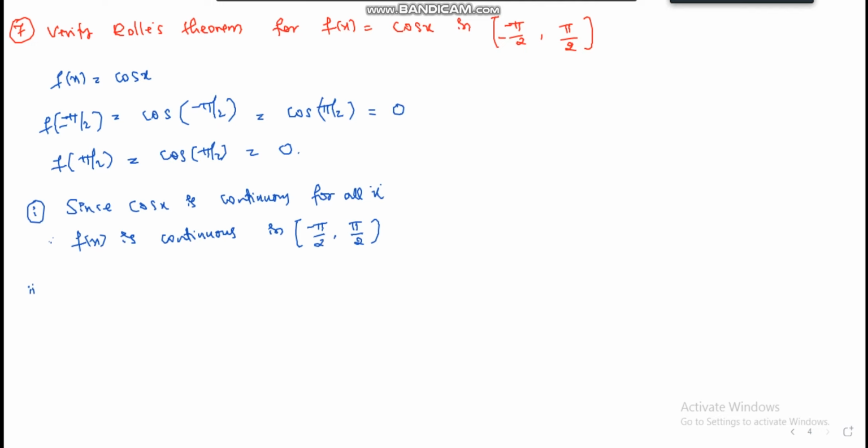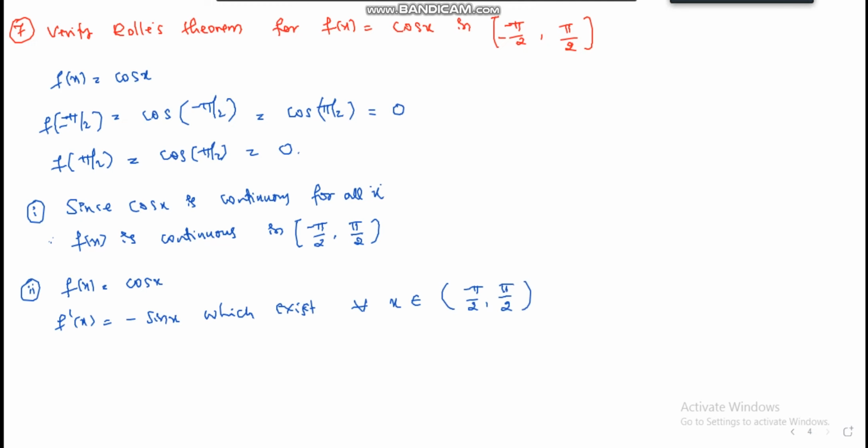So f of x is equal to cos x now. Now f dash of x is equal to the derivative of cos x, which is minus sin x, which exists for all x belonging to the open interval minus pi by 2 comma pi by 2.